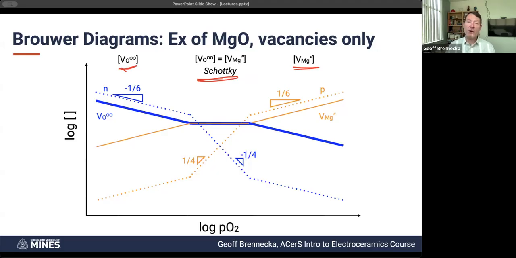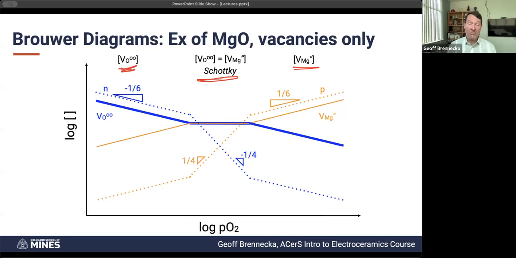You can create these Brouwer diagrams that would cover any sort of scenario that you want to. It makes sense that if you get to a low enough PO2, whatever that arbitrary PO2 is, something like oxygen vacancies will dominate.